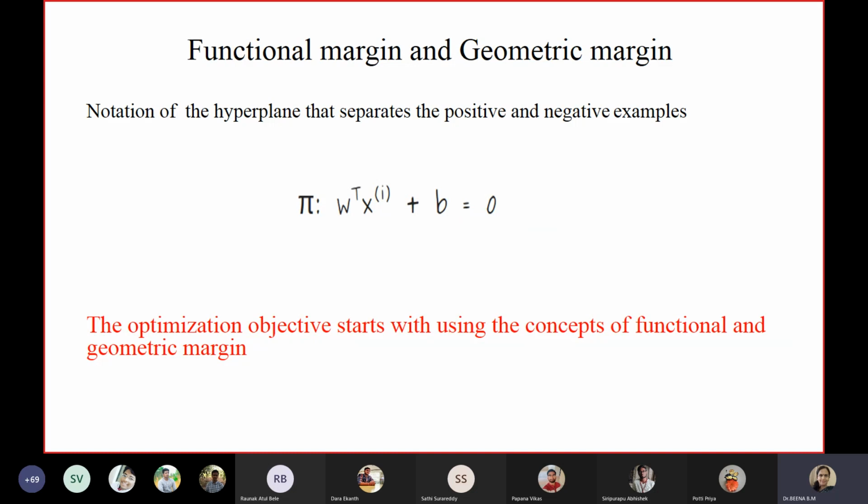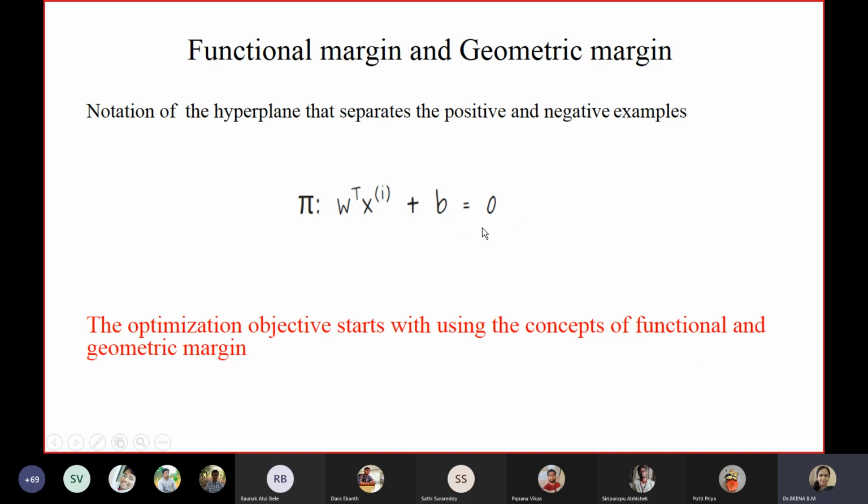Functional margin, please note down. It represents the correctness and confidence of the prediction of the algorithm. What is correctness here? The functional margin should always be positive. If W into X plus b is negative, then the Y value is -1.